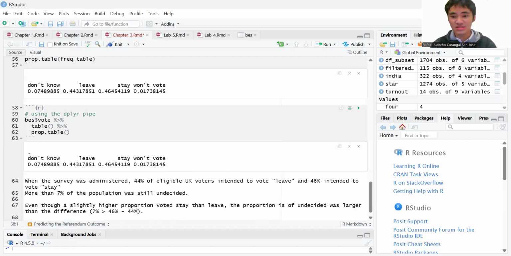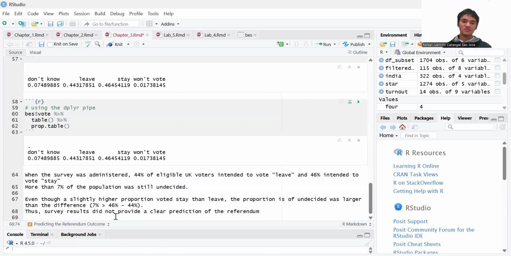So that means the survey results did not provide a clear prediction of the referendum. Apparently, we have more undecided people than the difference between stay and leave, so it's not a clear prediction. We cannot predict this, basically.